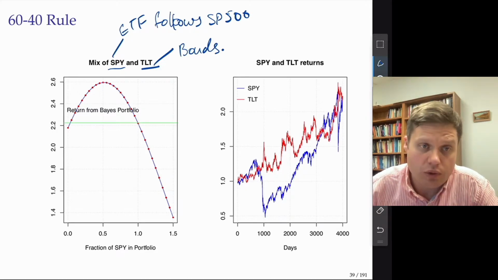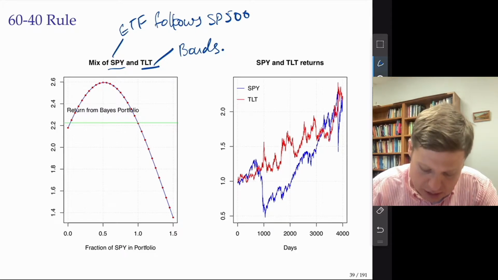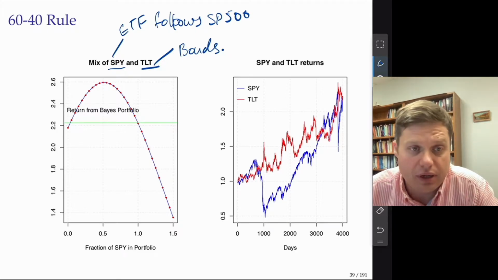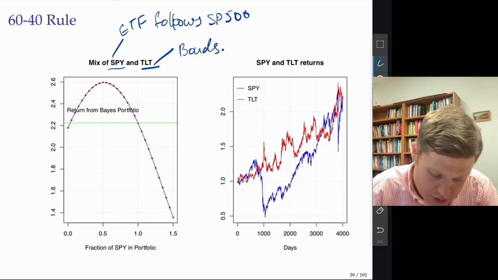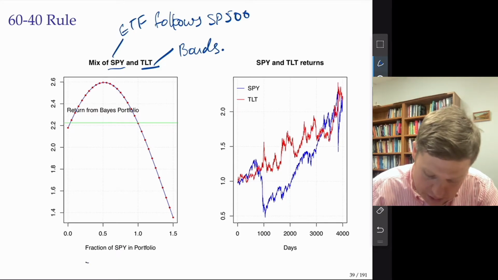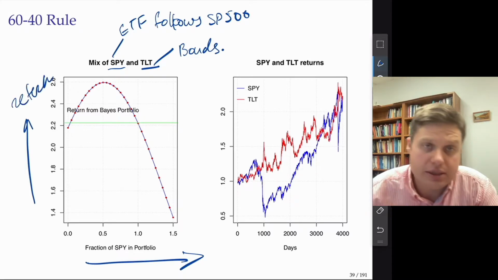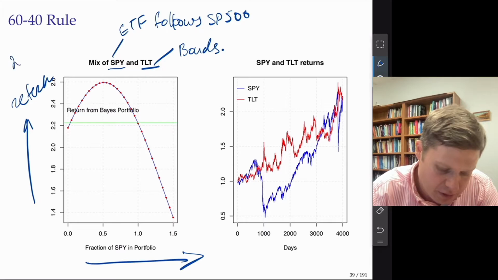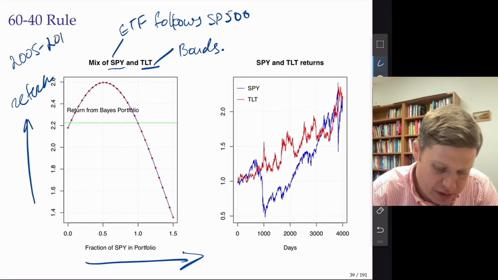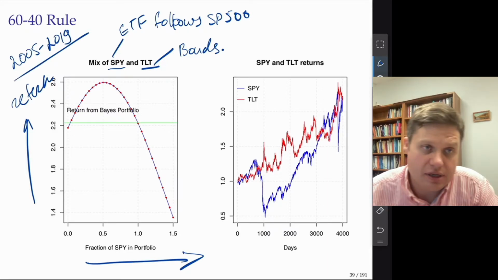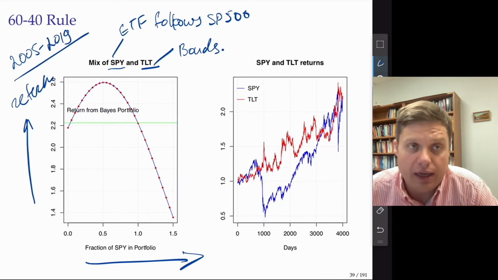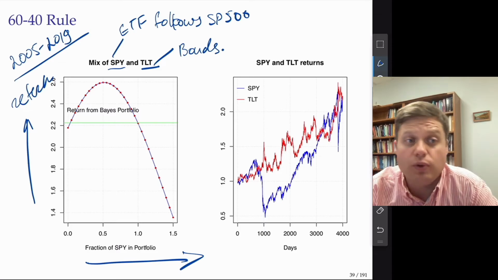What you see here on the left plot is the fraction of S&P in the portfolio on the x-axis, and on the y-axis you have the return. This is over the period from 2005 till 2019, I believe, so a 14-year period, and this is looking backwards.